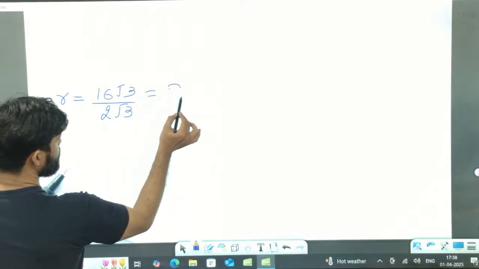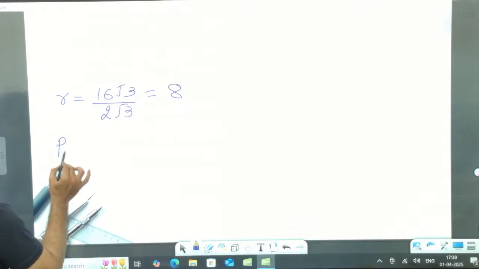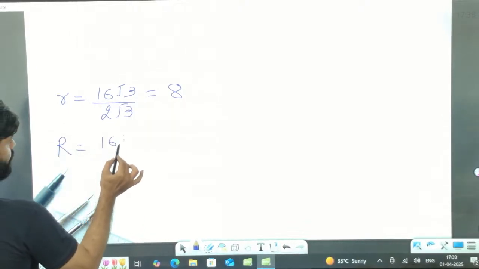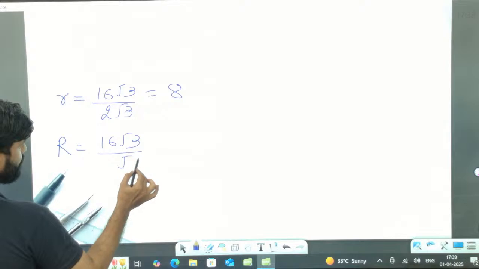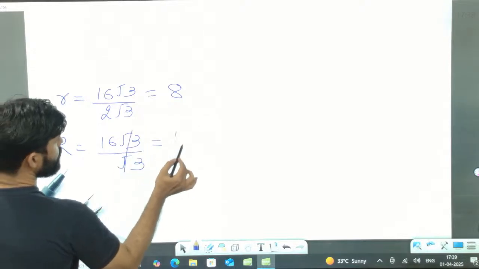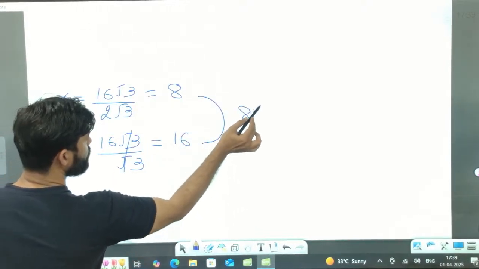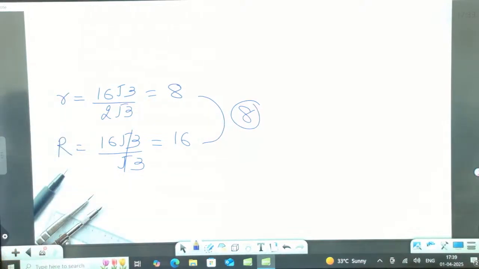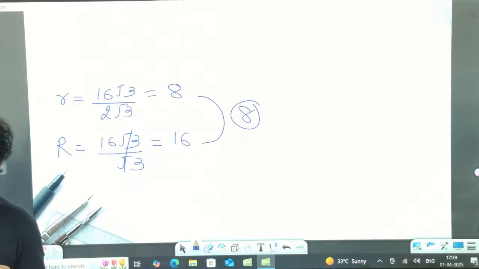So in radius is 8. R is A by root 3, it means 16 root 3 by root 3, so this is 16. So what is the difference between these two? 8. Any problem? In the same question, just give me the answer: what is the difference between the area of the circumcircle and incircle?